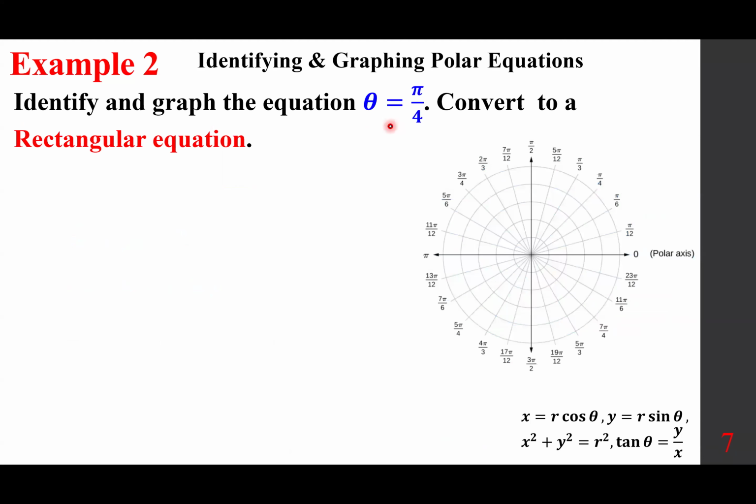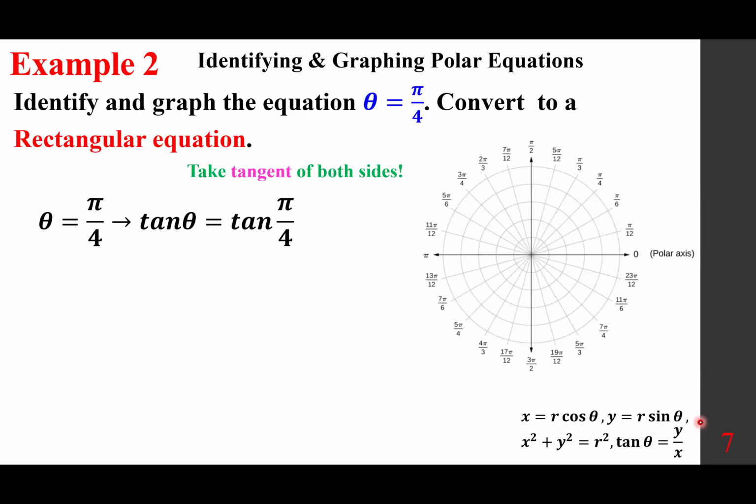Theta equals pi over 4. Identify and graph the equation. Convert to a rectangular equation, and we remember that tan of theta equals y over x. So we can take the tangent of both sides. If theta is pi over 4, tan of theta is tan of pi over 4.